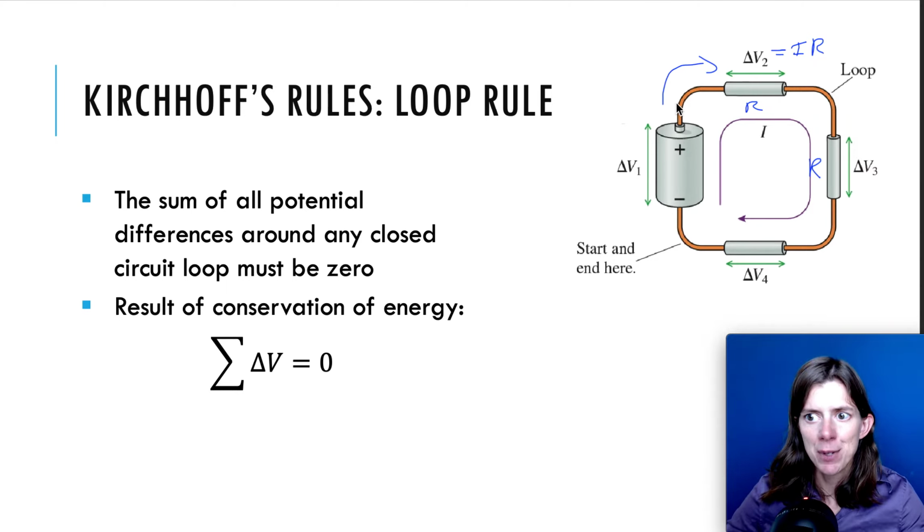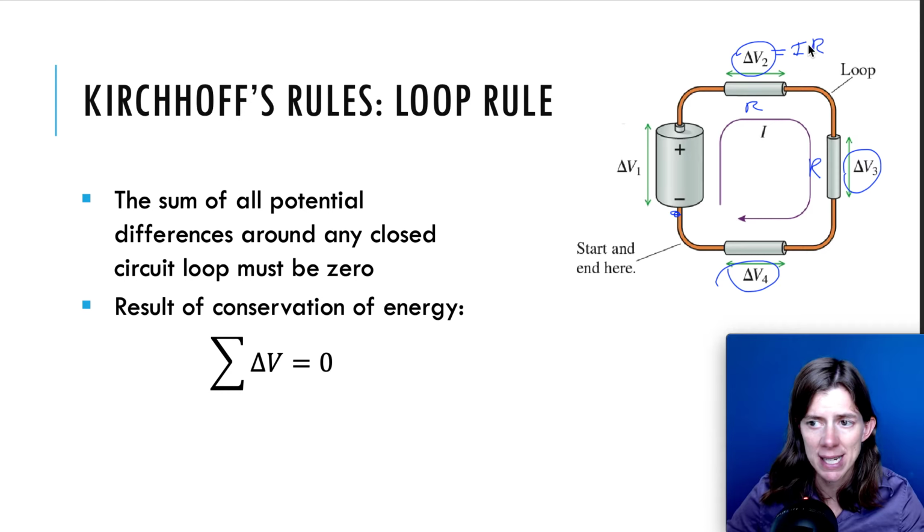So you start at a high potential, and by the time you get through all the resistors, you're back to your zero potential, and then you get more energy through the battery, and then you start the cycle again. So all of the potential differences across the three resistors, or whatever devices that you have, must equal the potential difference provided by the battery.